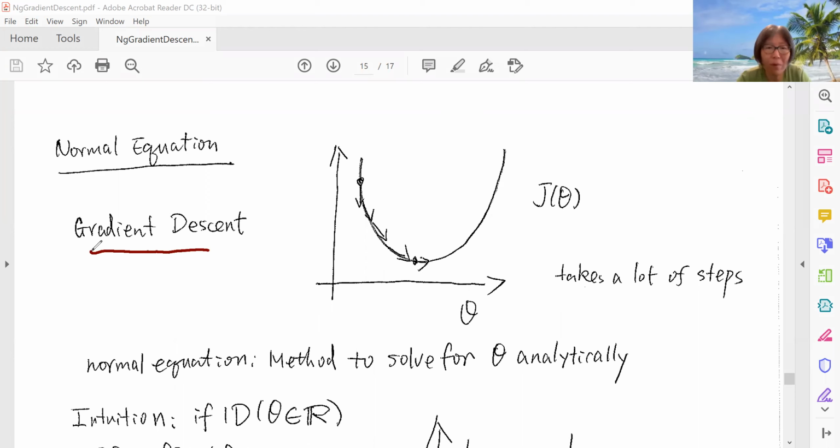Also keep in mind that linear regression is about a continuous target value, not like perceptron and Adaline. Those two are for classification, so it's for discrete values. That's a difference.